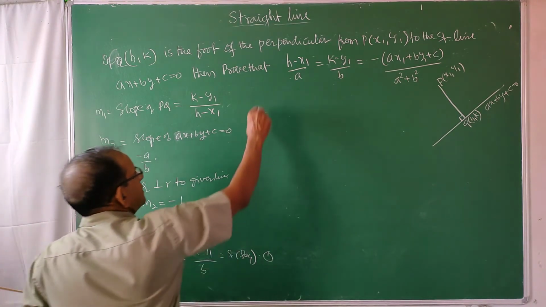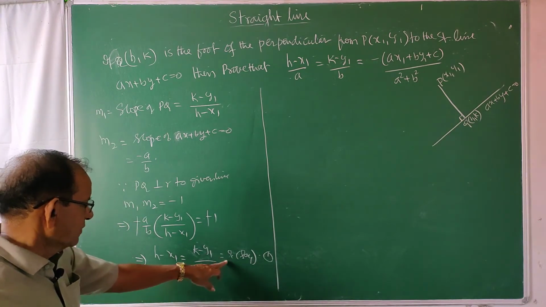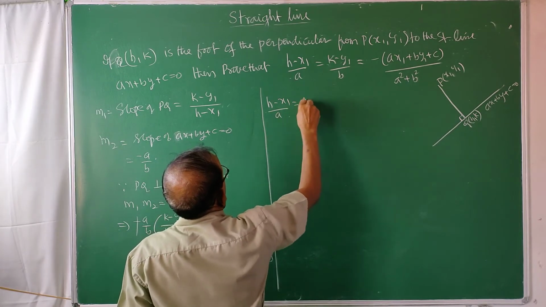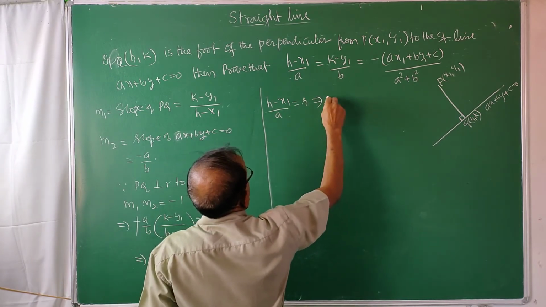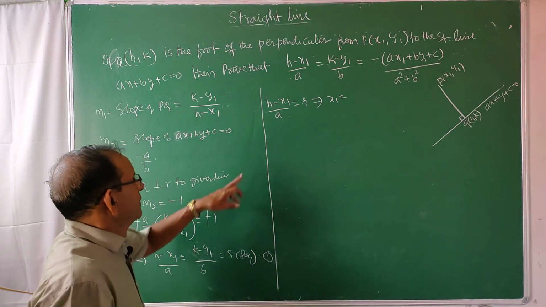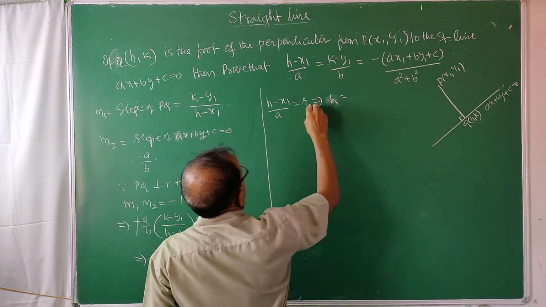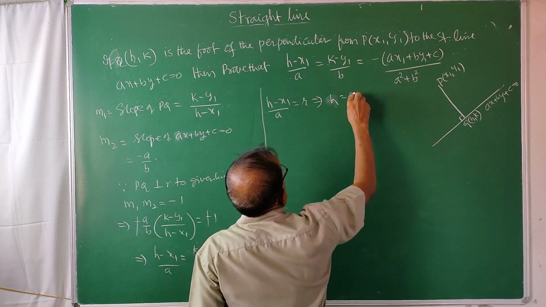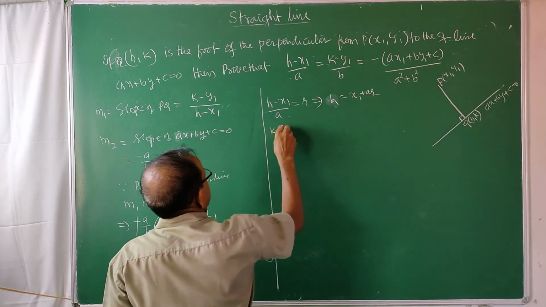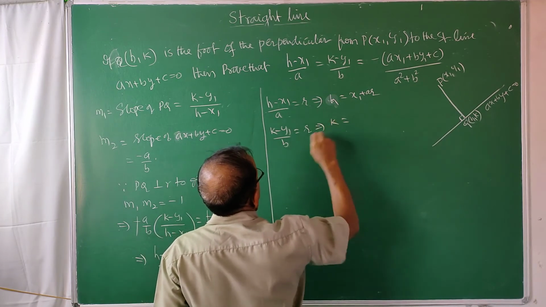Now h minus x1 by a is equal to R implies h is equal to x1 plus AR. Similarly, k minus y1 by b is equal to R implies k is equal to y1 plus BR.